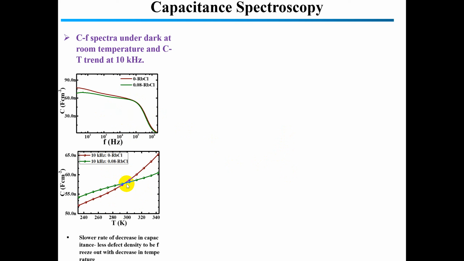If we compare how capacitance varies with temperature, we see a faster changing trend for the pristine one, and a slower changing trend for the rubidium incorporated device. This indicates that the slower capacitance response means less defect freezes out with change in temperature.